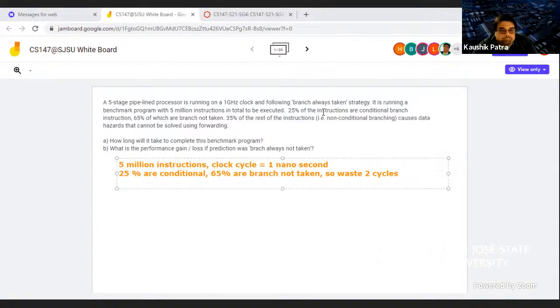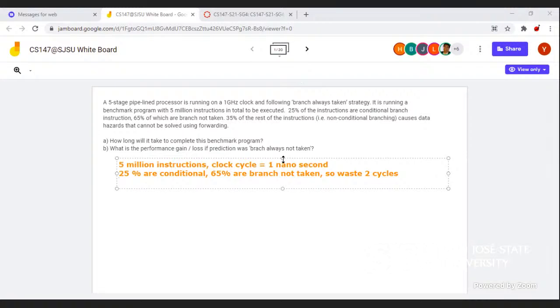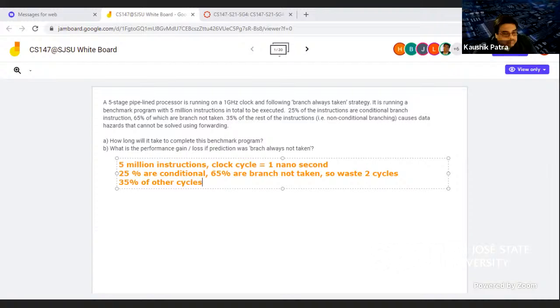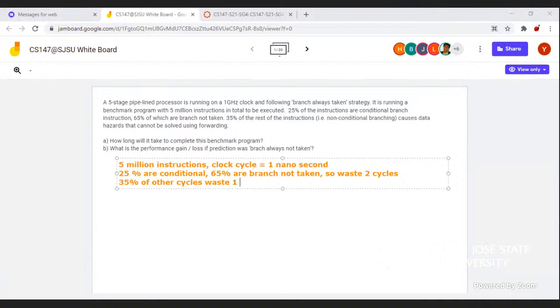Then there was another cause of wastage: 35% of the other cycles waste. We assumed it was just one cycle in that case.